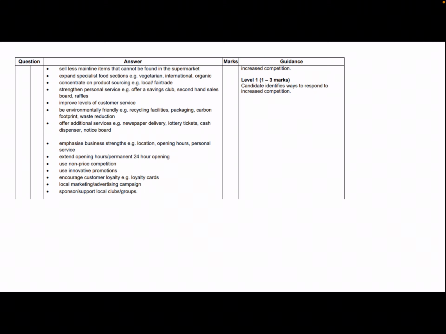We could look at personal service, such as a savings club for Christmas, or a second-hand board, or a raffle supporting a local charity. It's these things that bring people into local shops because they want to feel part of the community. The more things you can do to be part of the community, the more people will want to come to your shop to find out everything that is going on.